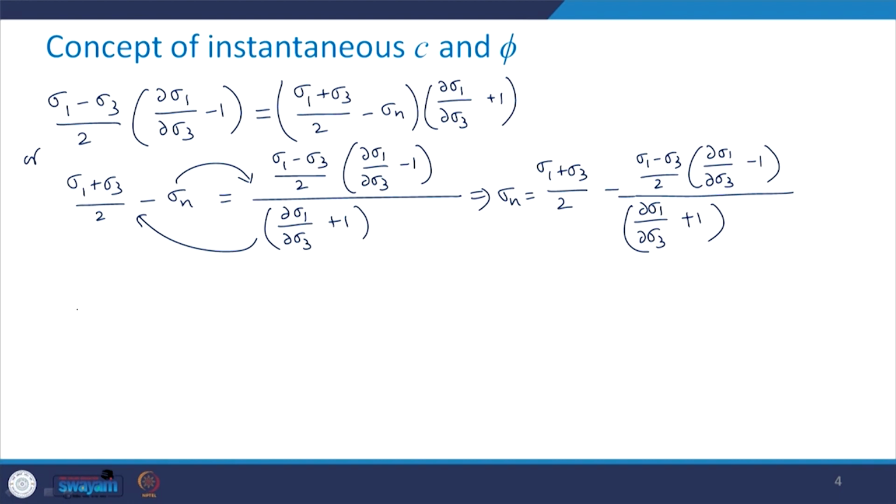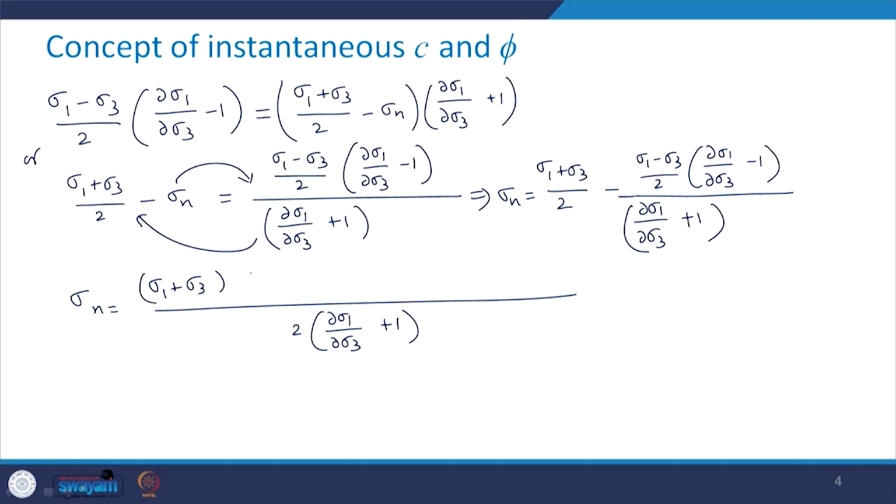Now, further simplify this. Sigma n is going to be, so what I will do is 2 (del sigma 1/del sigma 3) plus 1, and here we will have (sigma 1 plus sigma 3) times (del sigma 1/del sigma 3) plus 1, minus (sigma 1 minus sigma 3) times (del sigma 1/del sigma 3) minus 1.